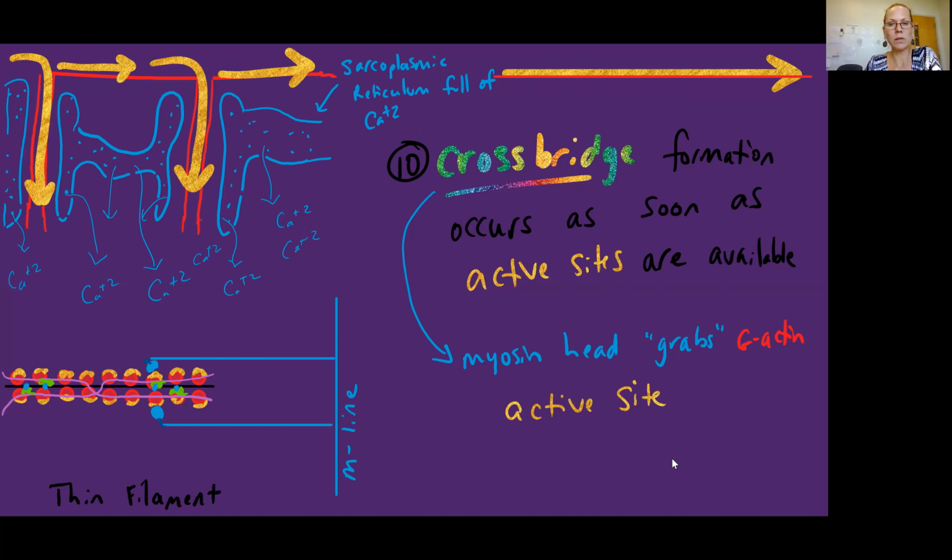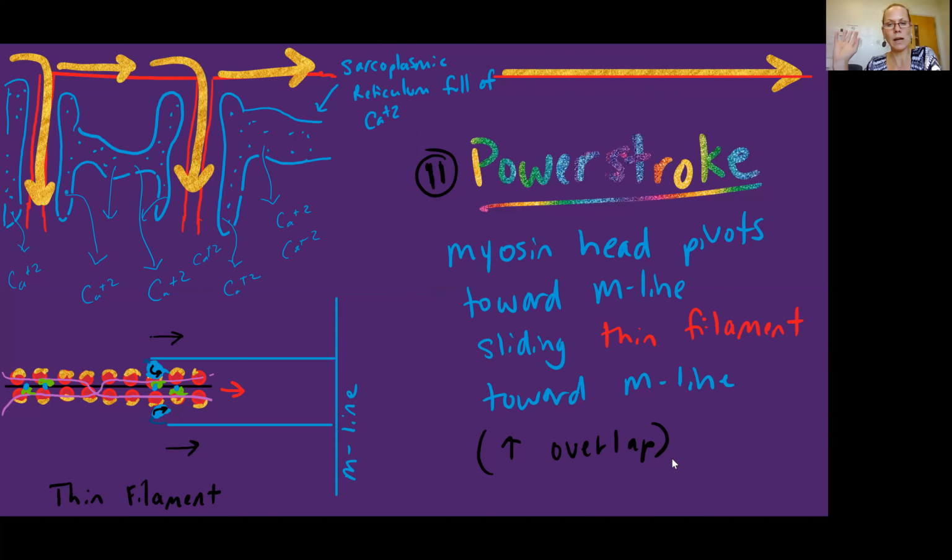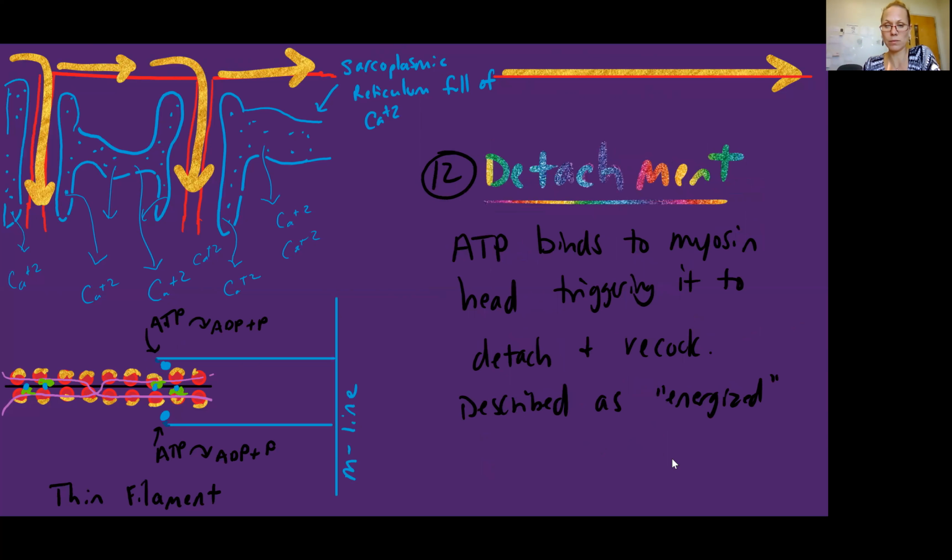So our next step is to release that energy and pivot the head, pulling that thin filament in towards the M line. We call this our power stroke, because you've released that energy and you're pivoting and pulling that thin filament in towards the M line. You're increasing your amount of overlap when you do this, so you're bringing your Z lines closer together.